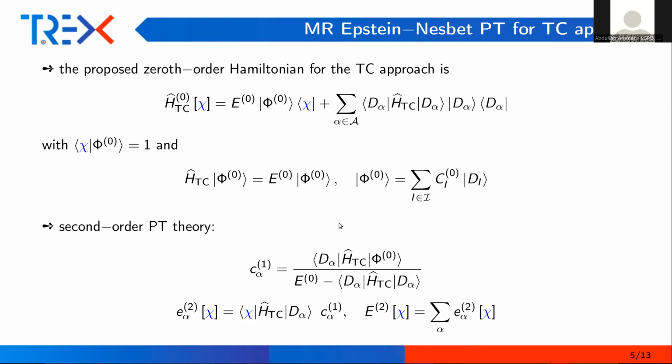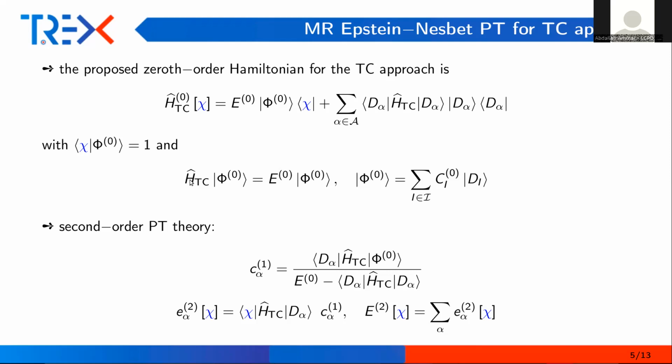So in this work, we choose the Epstein-Nisbet model as a zero order Hamiltonian, where we introduce the general left function chi instead of phi 0 here, and E0 and phi 0 are the zero order eigenvalue and eigenvector, and D alpha here are the determinants from the external space.